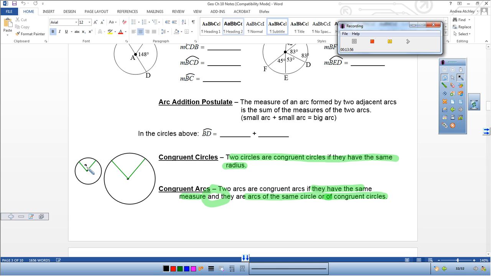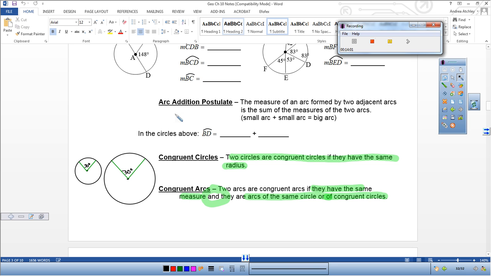If this was 30 degrees, and this is also 30 degrees, are these arcs congruent to each other? They might have the same measure of 30 degrees, but they're not congruent, they're not the same length, because one is clearly a bigger circle, so that arc length is going to be bigger. Does that make sense?